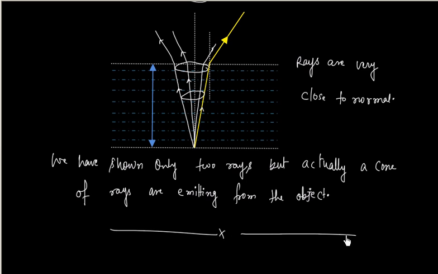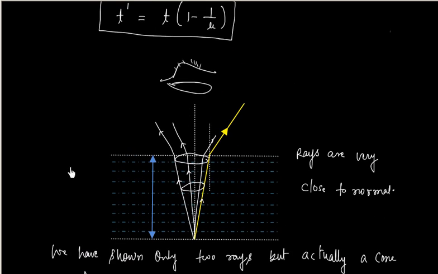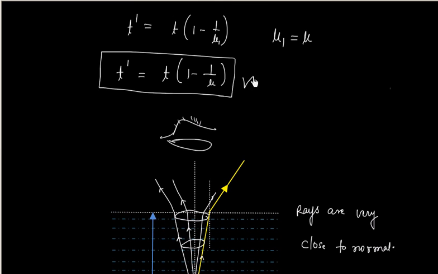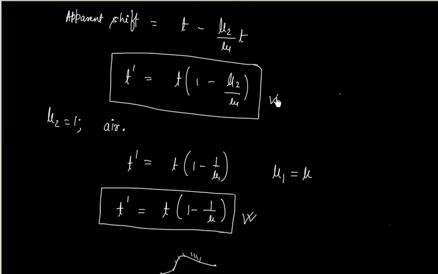So remember this final conclusion: apparent shift is equal to 1 minus mu2 by mu1, into t.